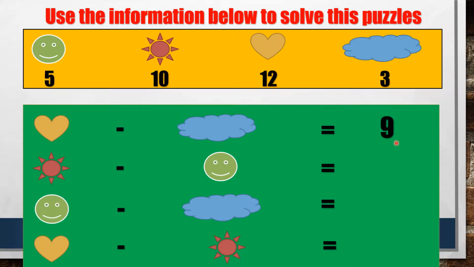Next, sun minus smiley face means 10 minus 5 is equal to 5. Next one, smiley face minus cloud means 5 minus 3 is equal to 2. And last one, heart minus sun means 12 minus 10 is equal to 2.